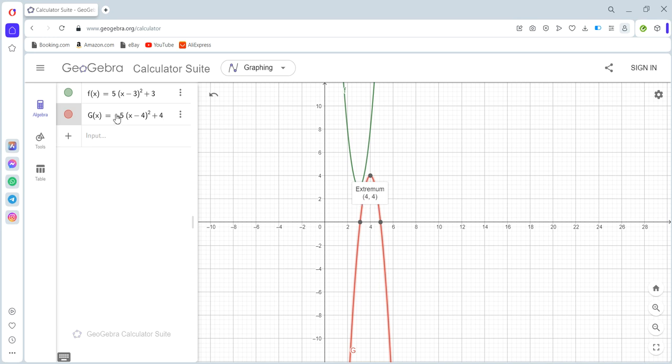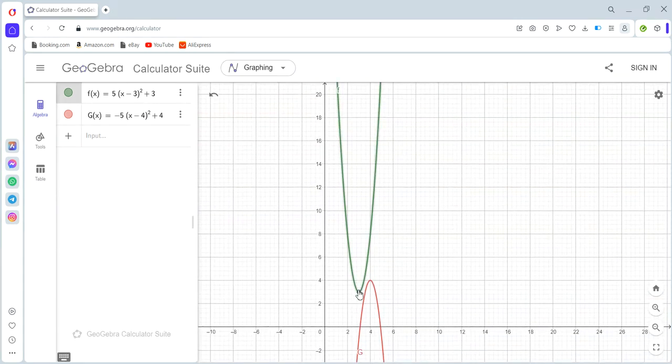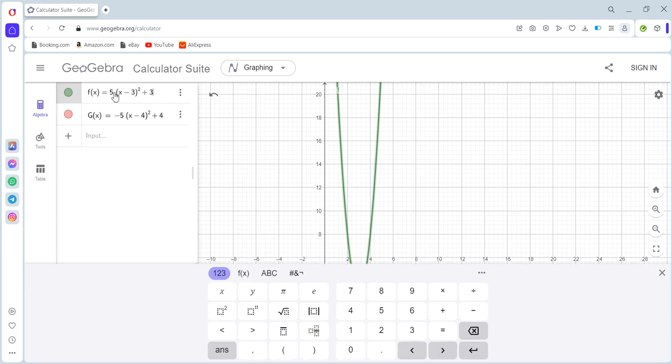Downward because here is a minus sign. 2 intersecting points with the x-axis. The head is shifted to the right 4 points, 1, 2, 3, 4, as here. Let's see the first function. The head is 3, as here, shifting 3 points to the right, and upward 3 points, as here, so the concavity is upward.